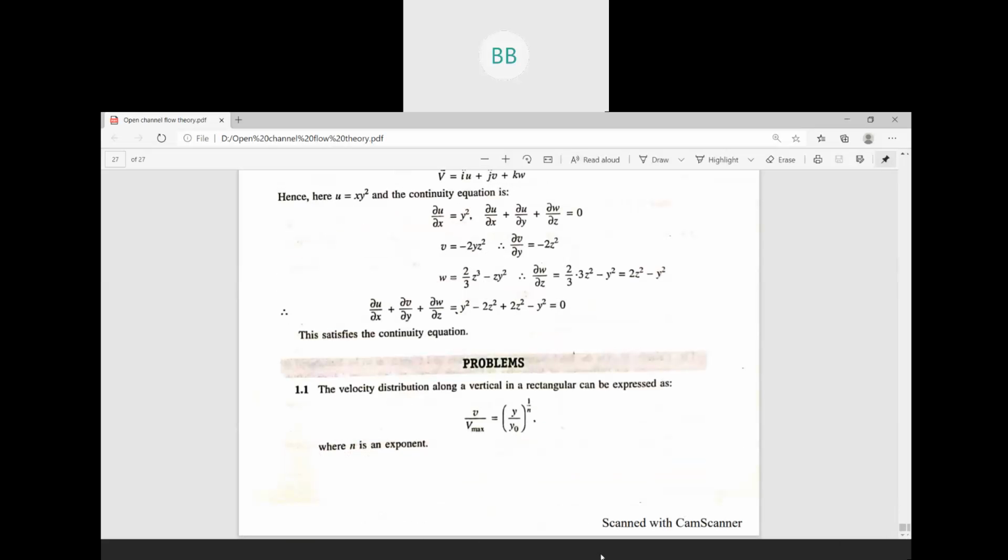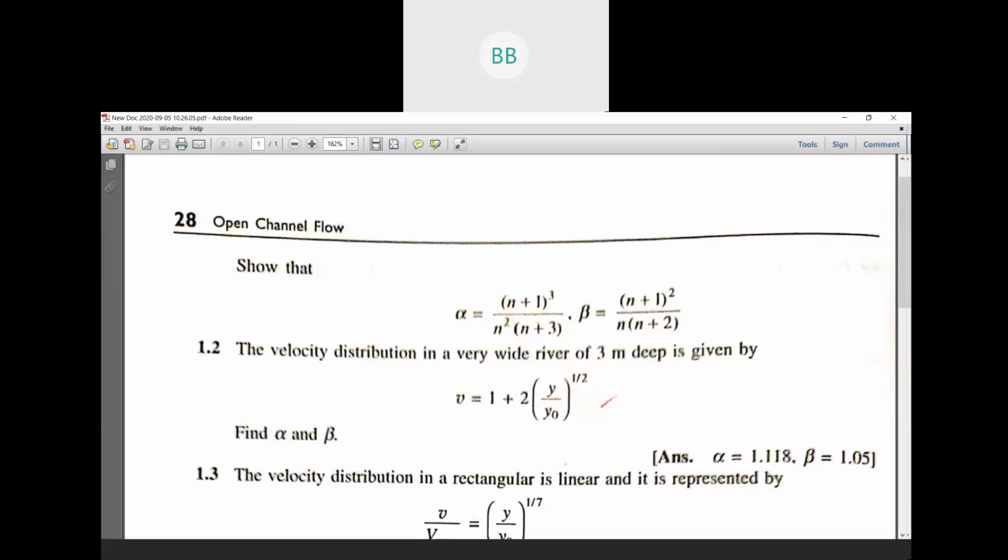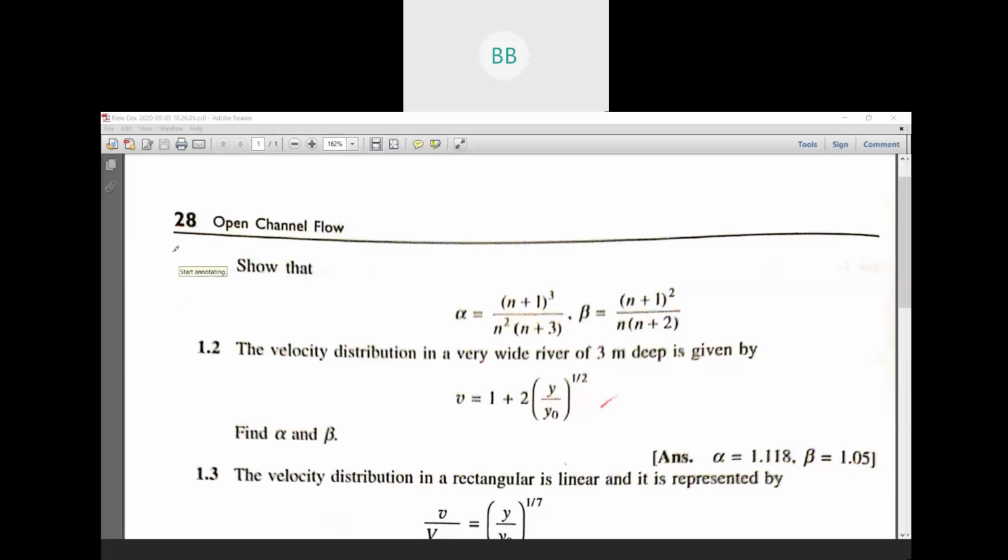The other part of the question is the continuation of question 1.1.